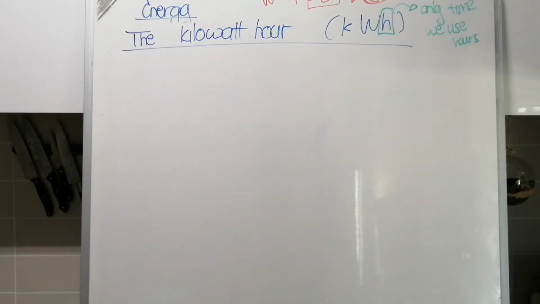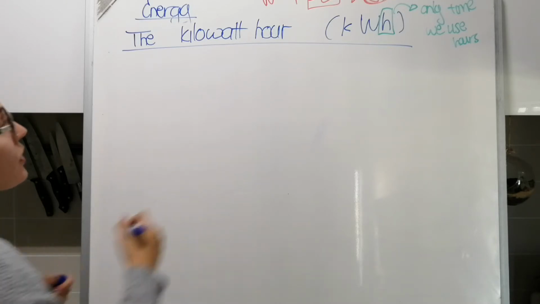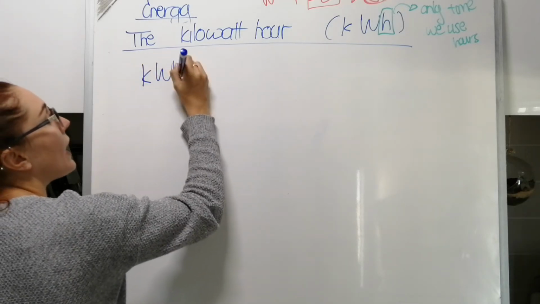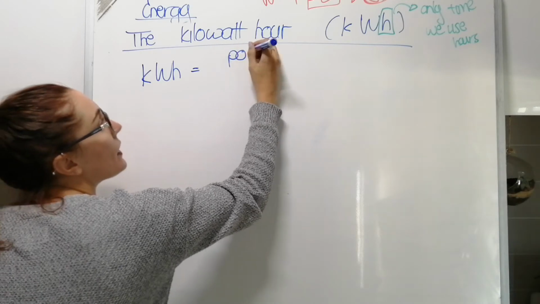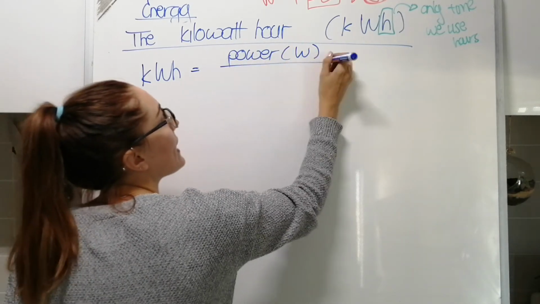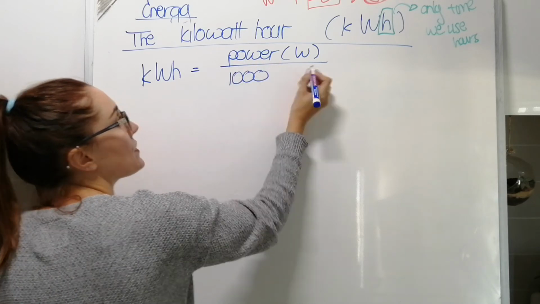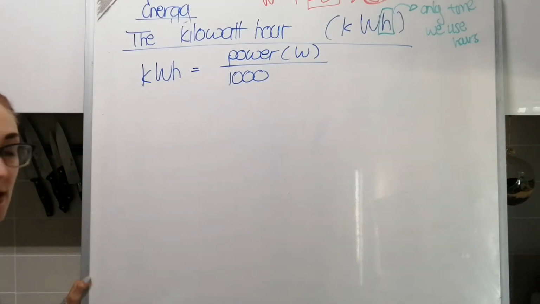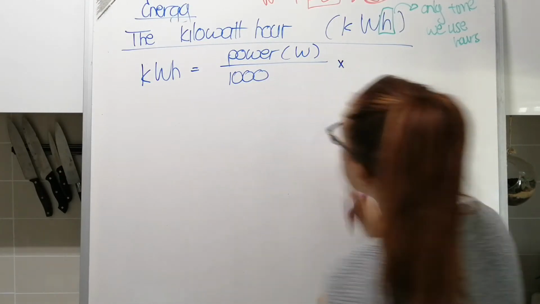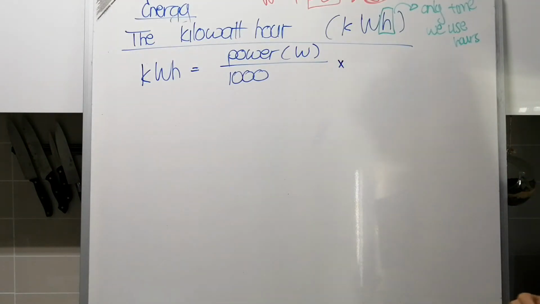So if you know the wattage, how much power something dissipates, and you want to convert that into kilowatt hours, the conversion is as follows. To get to kilowatt hours, you take your power that you've worked out in watts and divide that by 1,000, because there are 1,000 watts in a kilowatt. And then you multiply that by how long you are using something for.